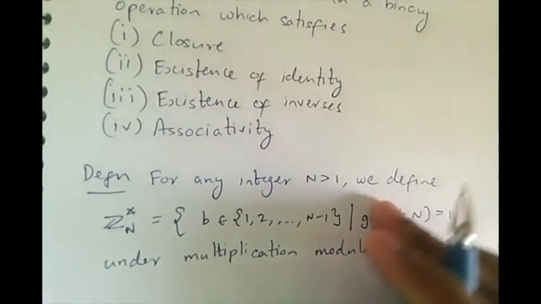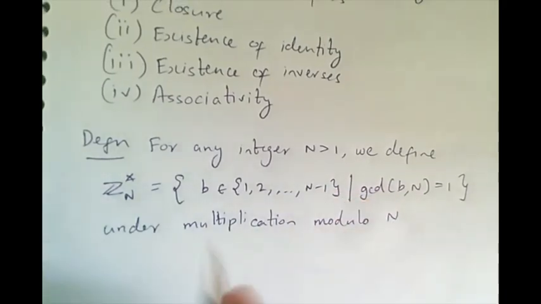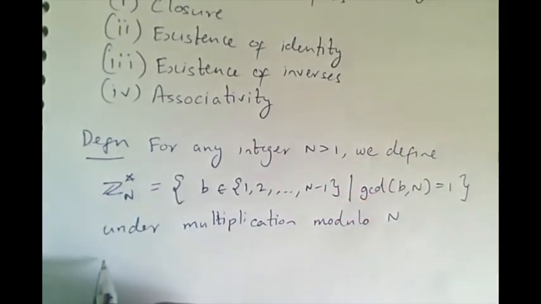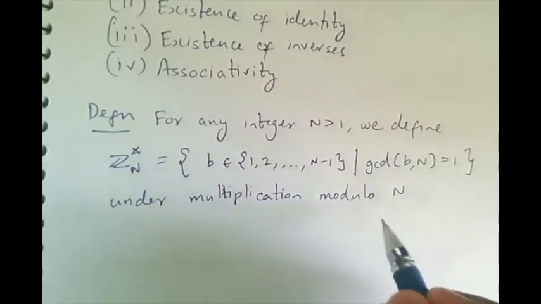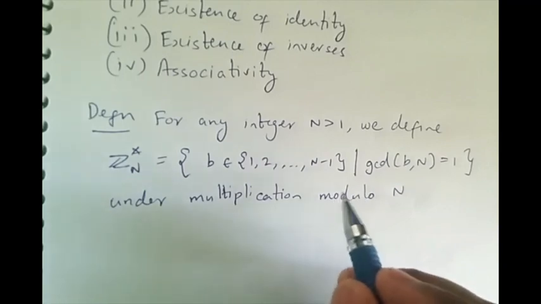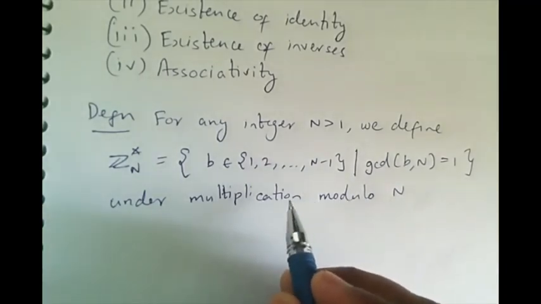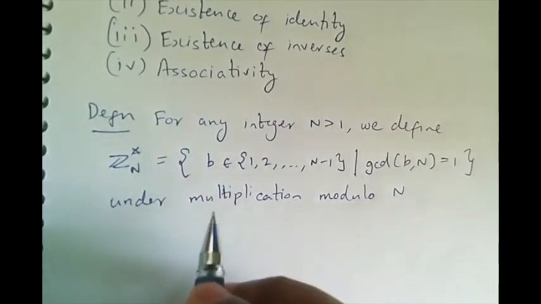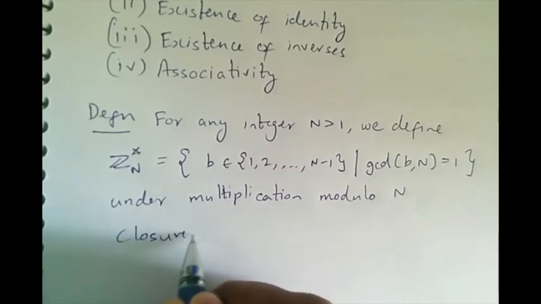So to prove that this is in fact a group, let's check the properties. Closure: if I multiply two integers and look at the result modulo n, the result is going to be an integer from 0 to n minus 1. It's not trivial to check closure here.